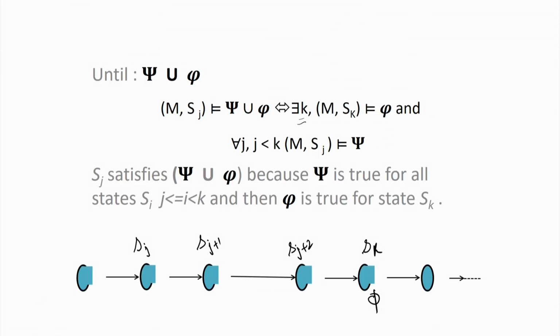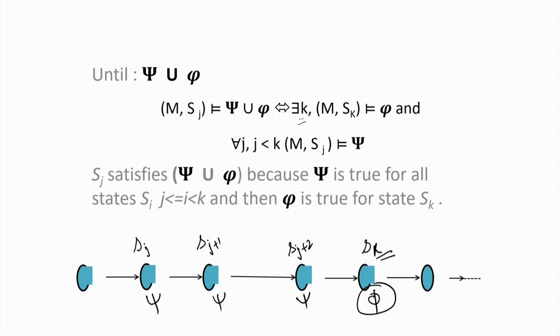So, if in all those states psi holds, then from this particular state S j in this execution trace, we are going to get one state where phi holds, in state S k, and in all the previous states we have encountered, psi is true.